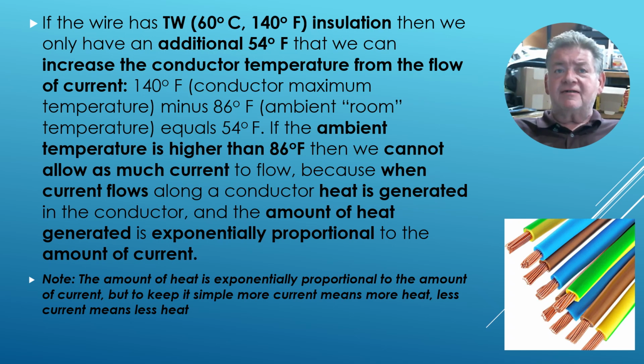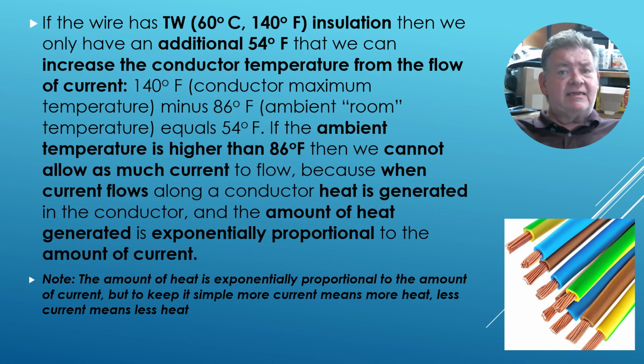So as you can see, if the ambient or surrounding air temperature where we install our circuitry is higher than 86 degrees Fahrenheit, then we cannot allow as much current to flow in that wire. Whenever current flows along a conductor, heat is generated in that conductor.